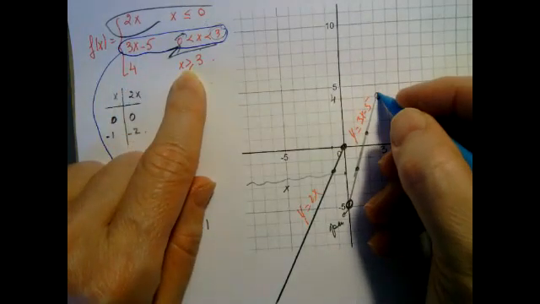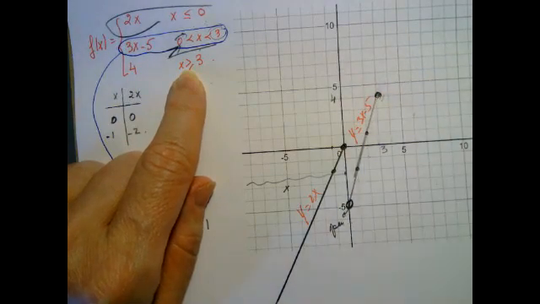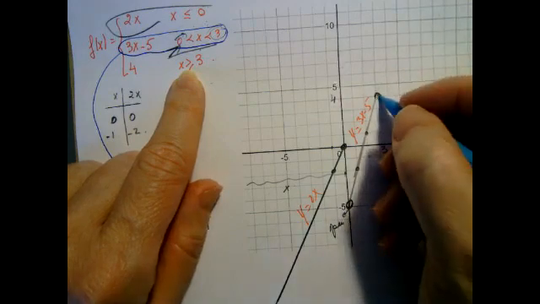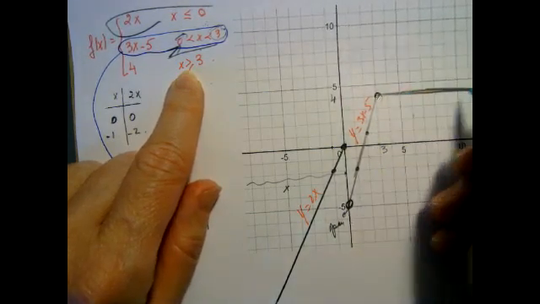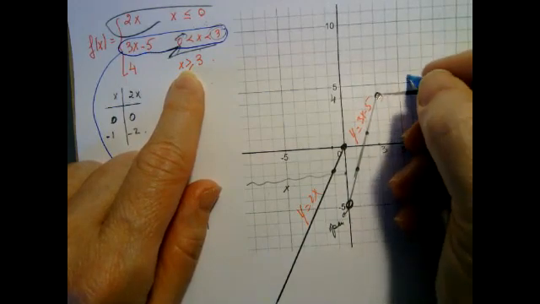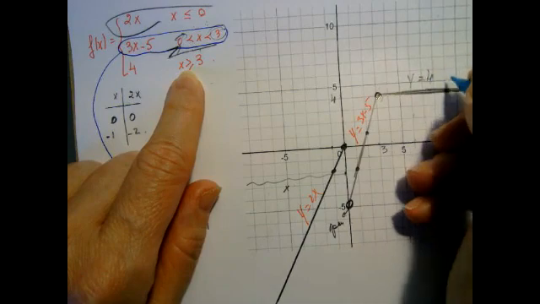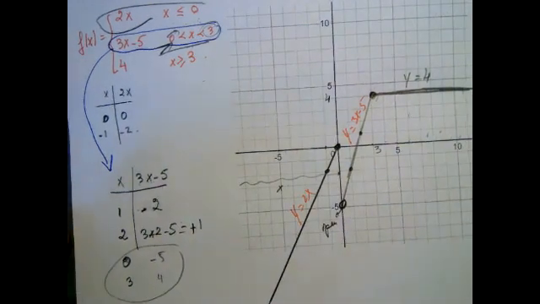So this open circle is going to close again because that's the value at 3. And everything after 3 is going to be constant because the function always takes the value 4, 4, 4. So this is the last piece, y equal to 4. That's how we're going to graph it, piece by piece. That's what we call a piecewise defined function.